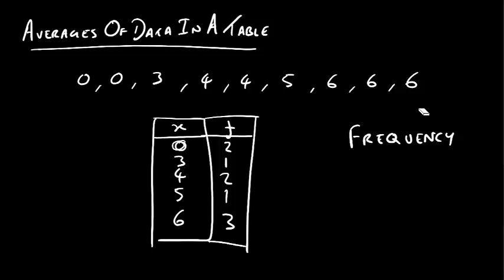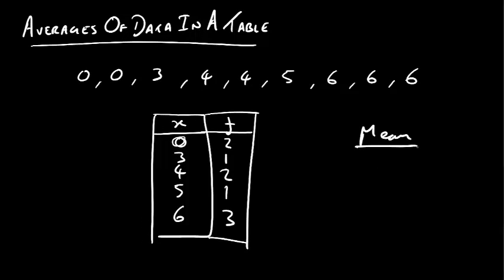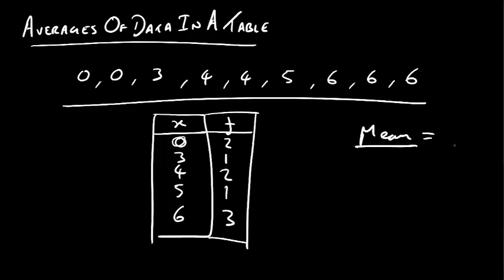So what I want to try and do now is work out the mean, the median, and the mode of the data represented in this table format. How do I work out the mean first of all? Well, the mean is worked out by adding all the numbers up and then dividing by the total number which I have.